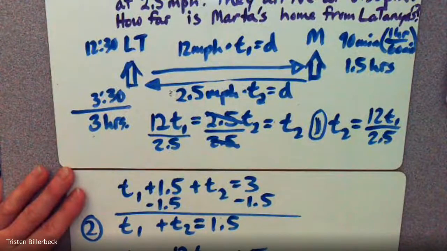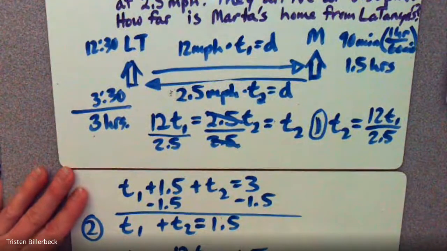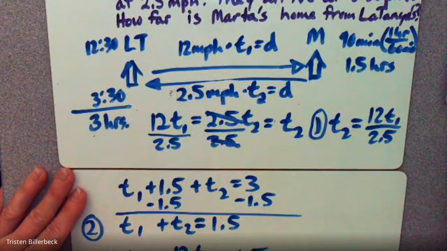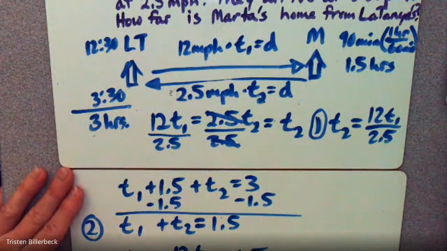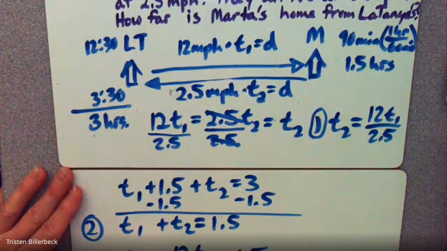Okay, so let's look at what is 12 divided by 2.5 here. It's 4.8. Okay, so we have T1 plus 4.8 T1 equals 1.5. So I have 1T plus 4.8, so that's 5.8 T1 equals 1.5.